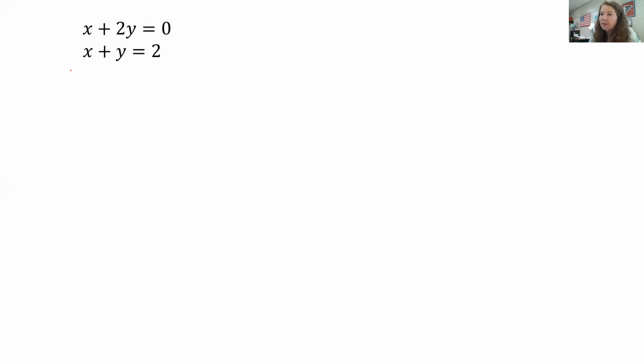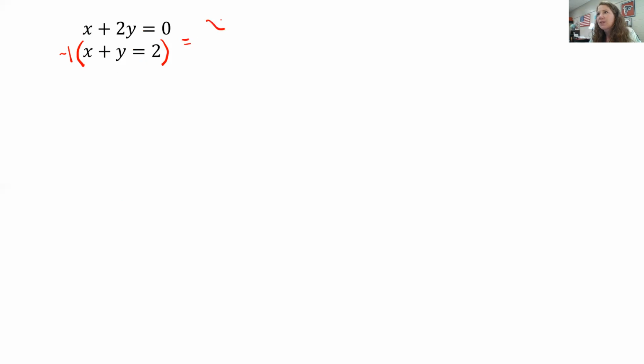It's not 0, right? But isn't it true that if I combine a negative x with a positive x, I would get 0? That's true. So if I multiply this entire equation by -1, I get to eliminate my x's.